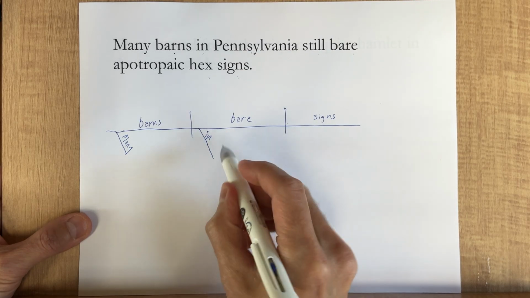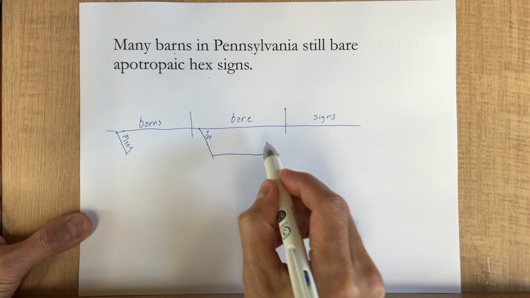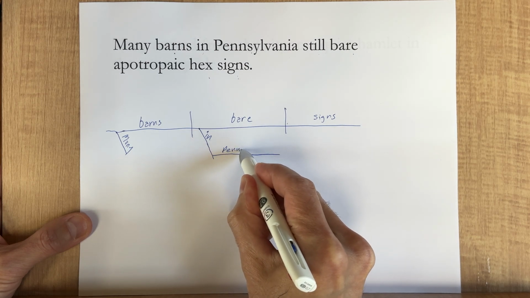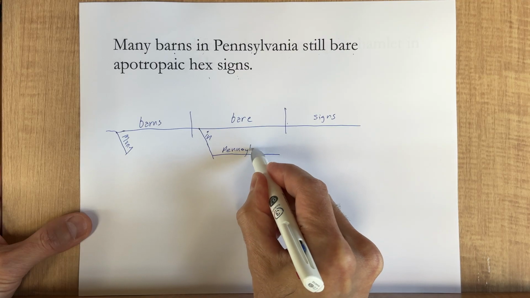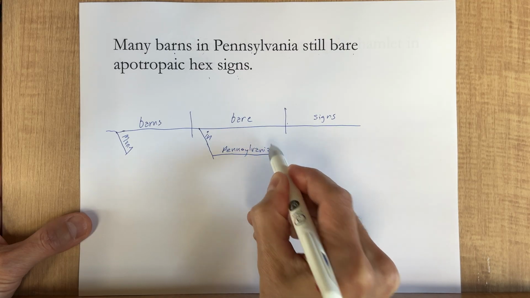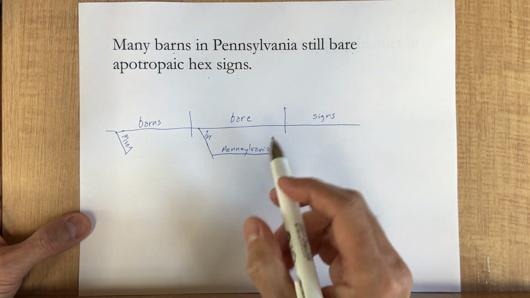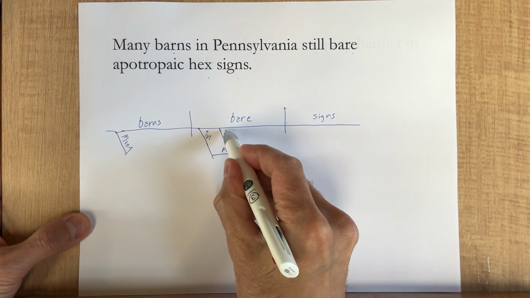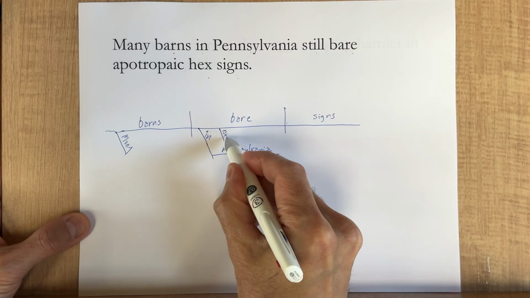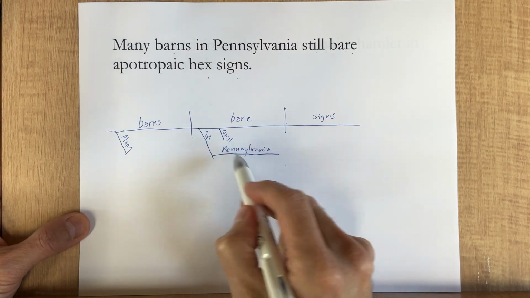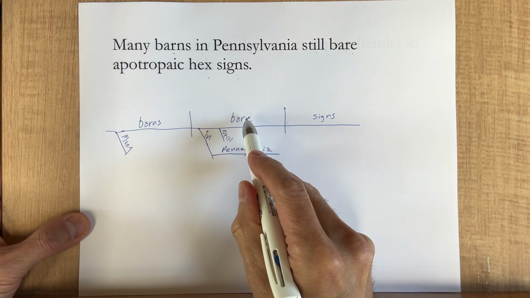And then the indirect object would be Pennsylvania. Then we have still bear, and still is an adjective. So we just do the still right here, okay? Still is an adjective. Many barns in Pennsylvania still bear.